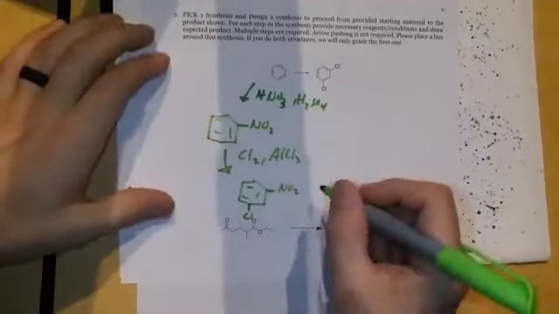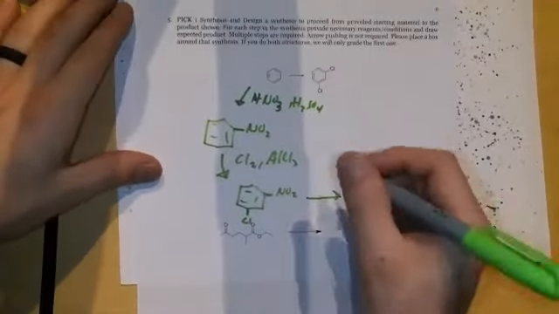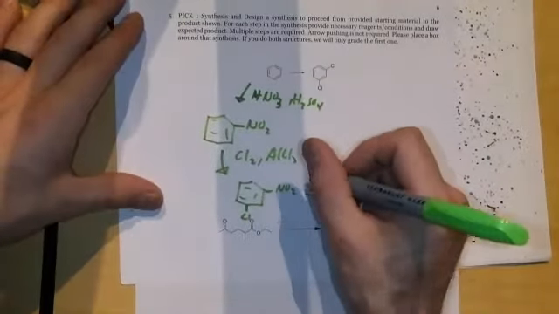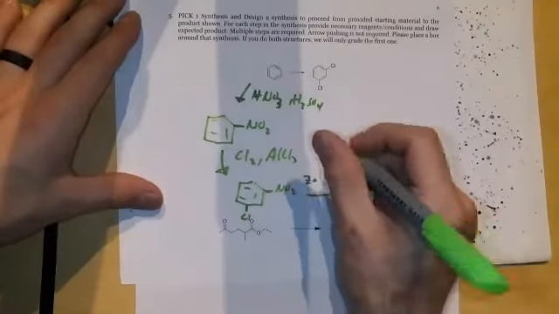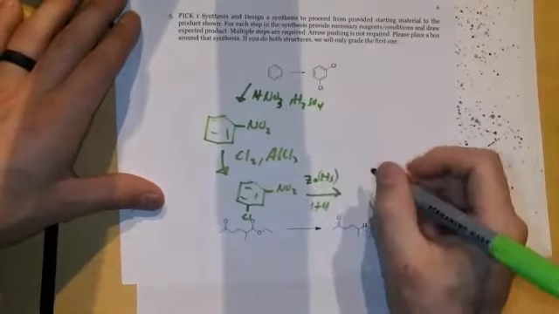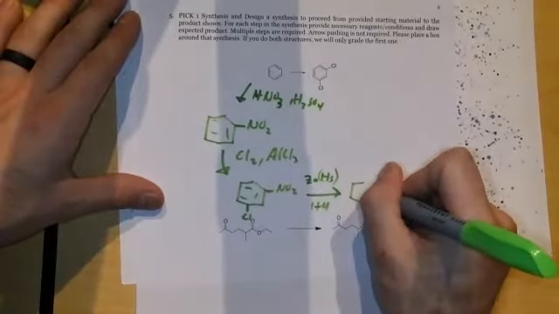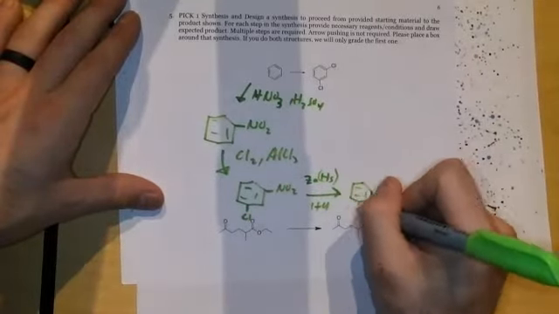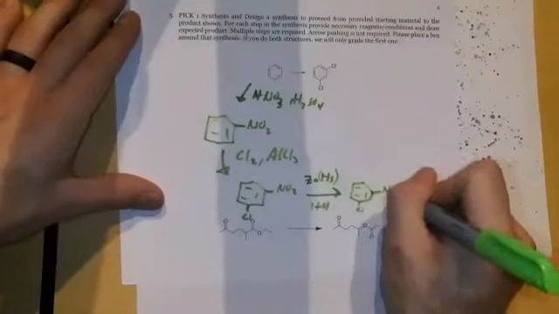So from here, we need to make a diazonium. So either iron or zinc, mercury, HCl gives us our amine.